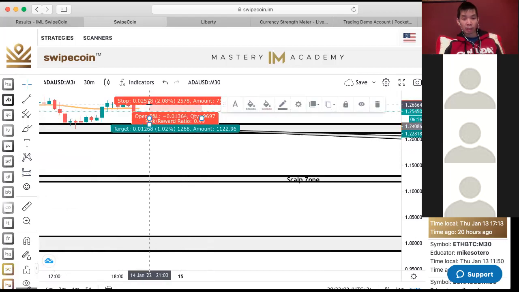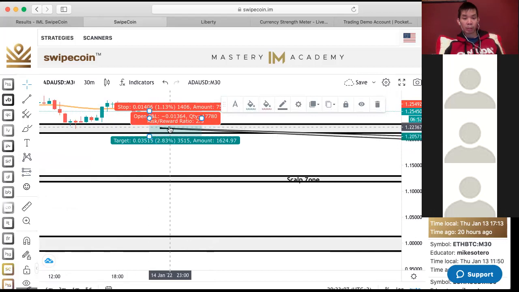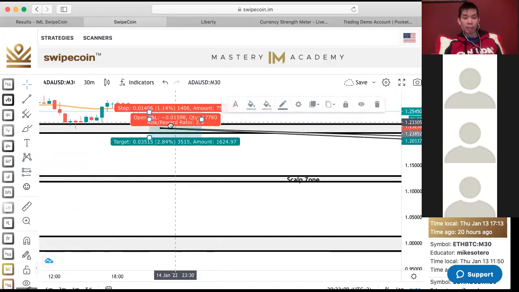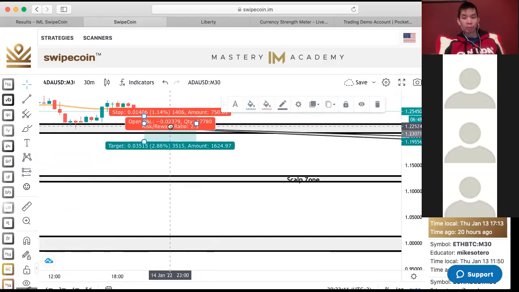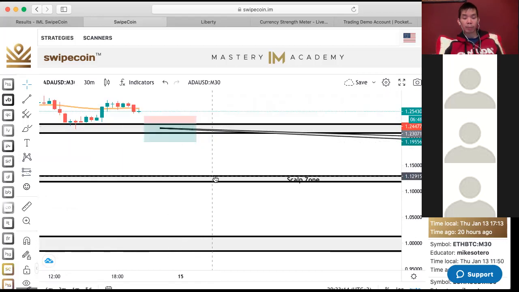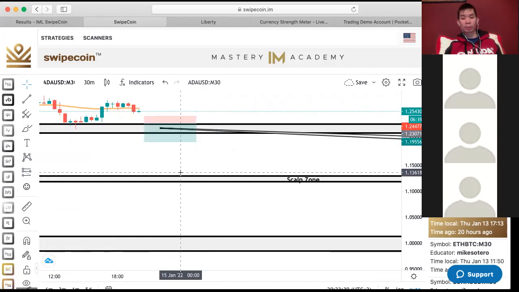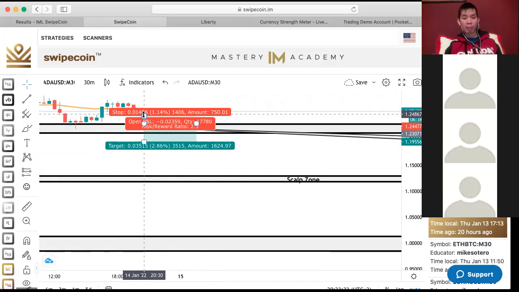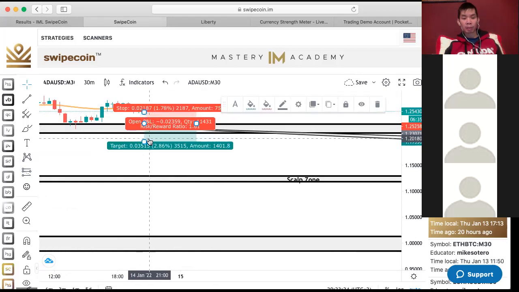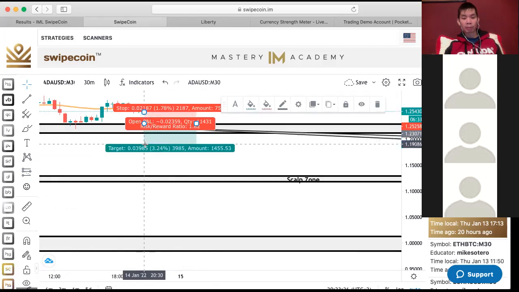I'll set that up and I'll just make this a 2-to-1 ratio, about there. Then I'll move that down to my entry point, which is about here. You guys can see this is about a 2.5 to 1 ratio. I might make my stop loss a little bigger and bring this down a little bit.